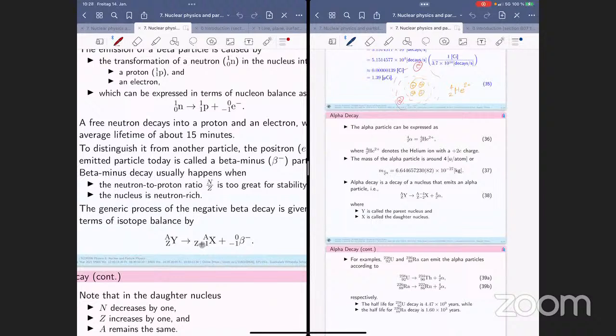Once the atomic number changes, we need to write a new letter for this element, because it's not the same element Y at all. It's going to be a new element. Let's say it's element X. And after that, we get an electron with high energy, which is called the beta minus particle, beta with a negative superscript.